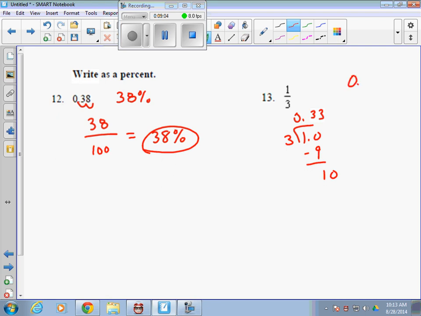Again, the second digit after the decimal is per 100. So that's percent. So when you move that decimal over once, twice, you would call it 33, and we could write it like this, 0.3 repeating, because that's what's going to happen, percent. 33.3%.